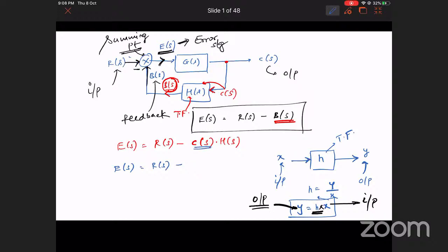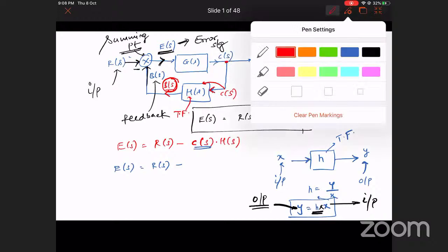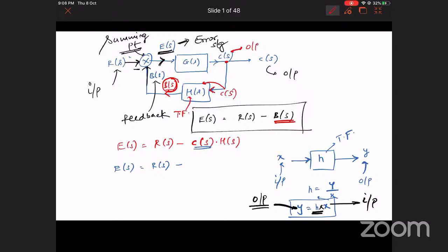Now look at C of s, guys. Can you see C of s is actually the output of this block? Now concentrate on this. This is the output. The input of this block is E of s, and the transfer function is G of s. Again, output is equal to input into transfer function. What is the input? E of s. What is the transfer function? G of s. So if you multiply these two, this is equal to C of s.